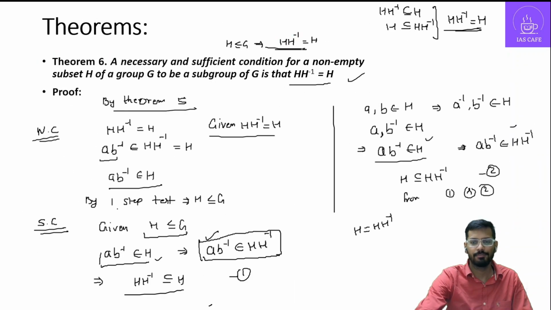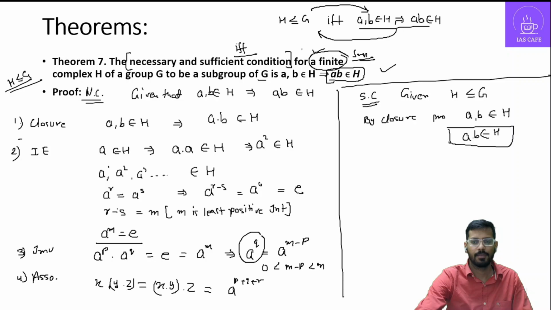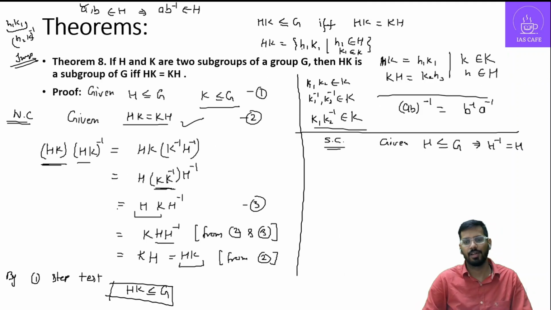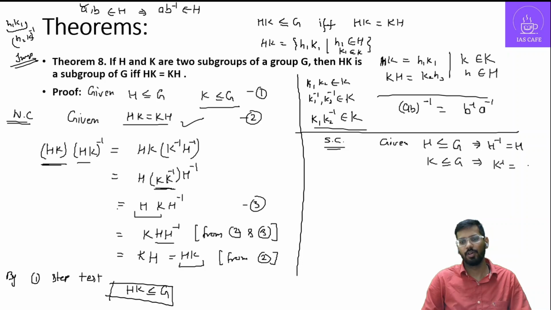By theorem 1, we can write if H is a subgroup of G, then H inverse is equal to H. Now again, K is a subgroup of G, that implies K inverse is equal to K.